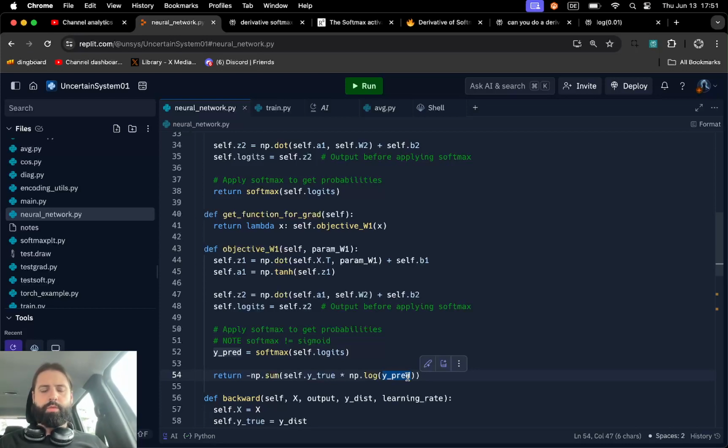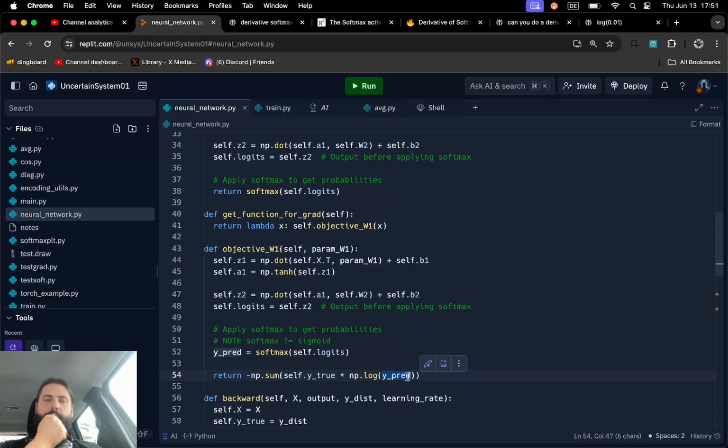Exactly. So the problem is, okay, now let's think about these, right? I guess the problem is that if you have things that are very sharp, then it's not going to work out well, right?